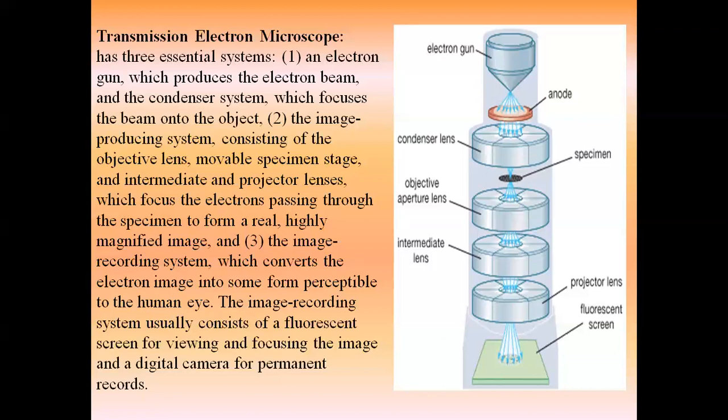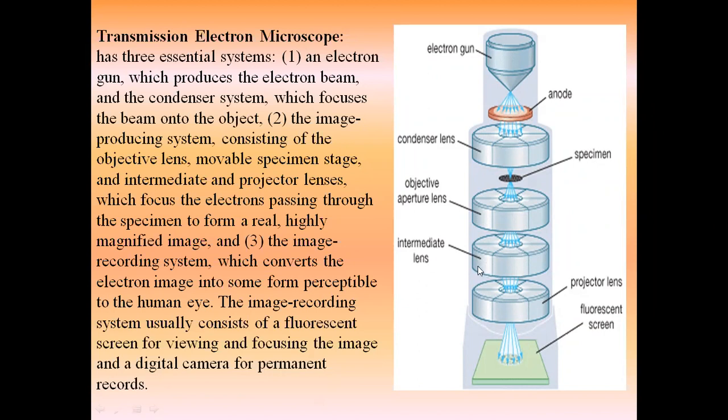So what that objective lens will do is capture all those electrons which are coming out of the specimen. Once those electrons are captured into the objective lens, they again get amplified.